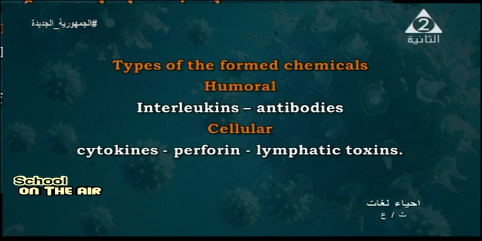The chemicals formed by the cellular are cytokines, perforin, and lymphotoxins. This is the substance that is secreted from the cellular and the humoral.